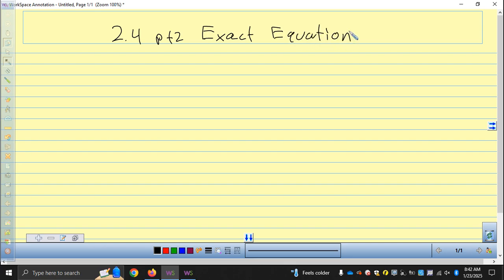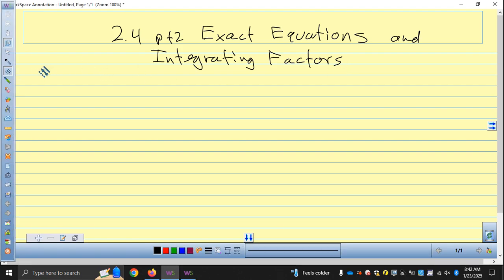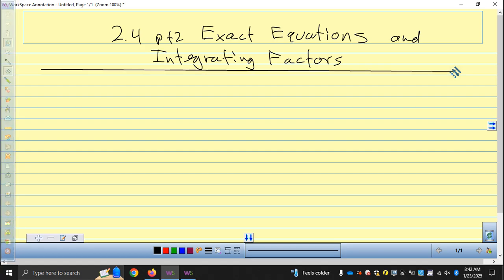All right, so we're going to talk about exact equations and integrating factors. So last time, when we were talking about exact equations, just a quick recap.